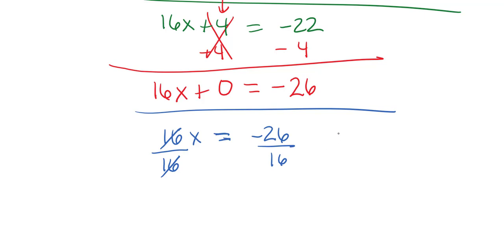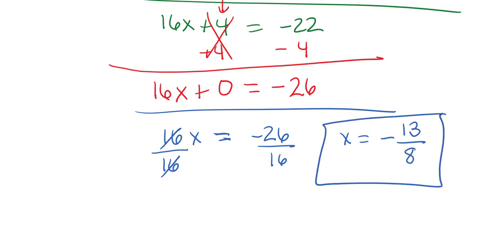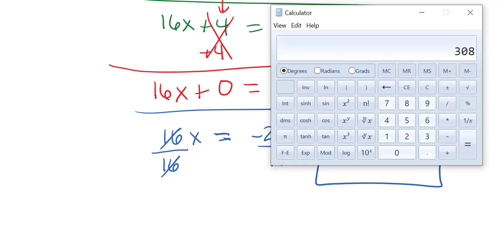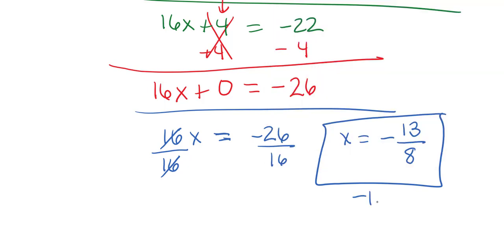But we can reduce, so x is equal to negative 13 over 8. We can just leave it as a fraction. You can also pull out your calculator and go 13 divided by 8, and we would get negative 1.625. These mean the same thing. One's a fraction, one's a decimal.